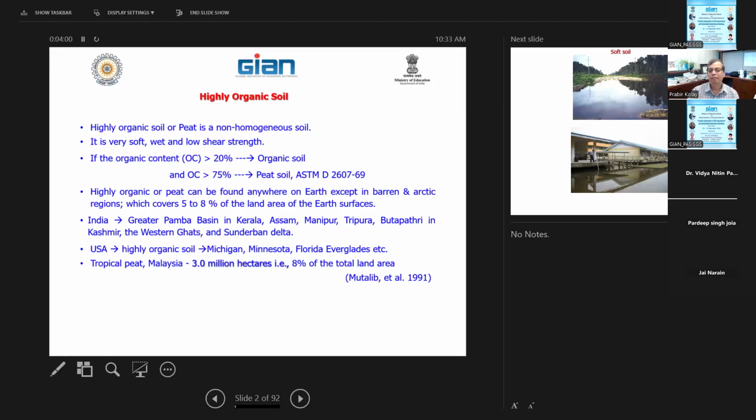In the US, mostly the Michigan area, Minnesota, Florida Everglades, and some parts of California also have these highly organic soils or peat. For tropical peat, generally in Malaysia, there are 3.3 million hectares, 8% of the land area, which is also peat.